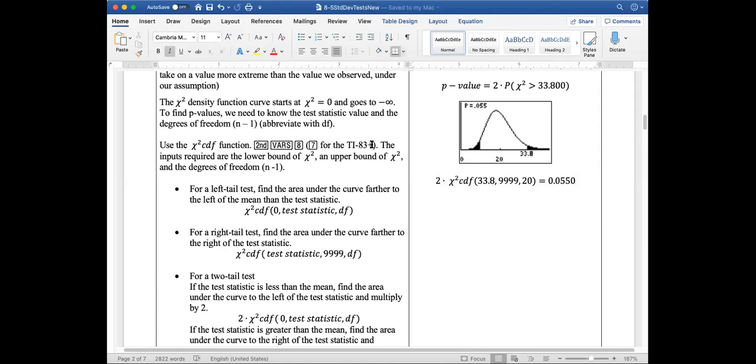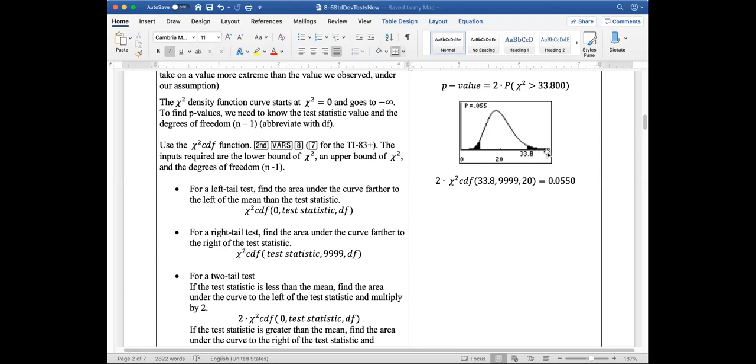This one is not down at 8, it is at 7. And we saw in the previous videos for test of proportion and test of the mean that a CDF function requires a left bound and a right bound for the area farther from the mean than the observed test statistic, 33.8.